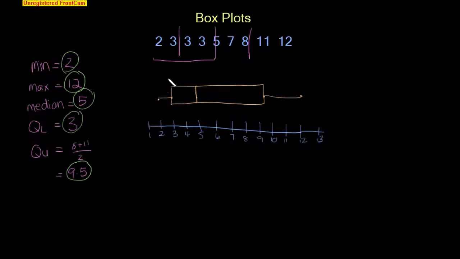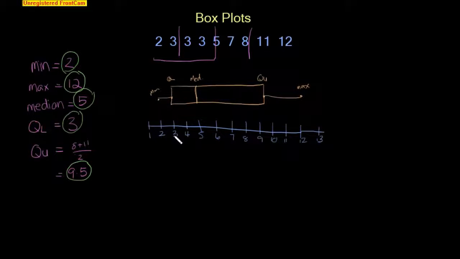So remember, this point here was the lower quartile. This point here was the upper quartile. This was the median. This was the max. This is the minimum. So that's how you draw a box plot.